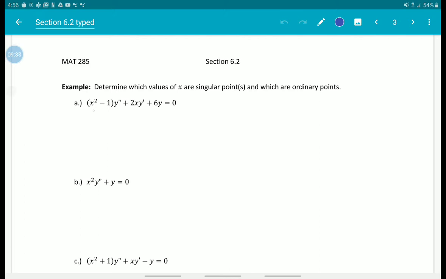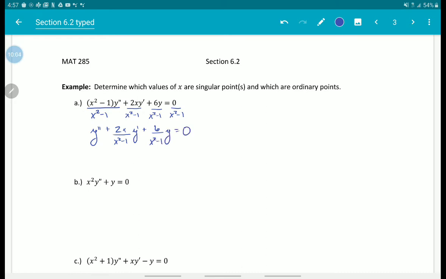So we would start this guy by dividing by that x squared minus 1. So we're going to have y double prime plus 2x over x squared minus 1 times y prime plus 6 over x squared minus 1 times y is equal to 0.